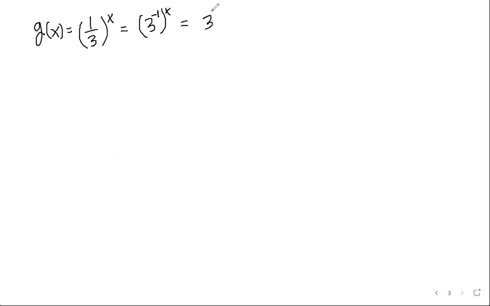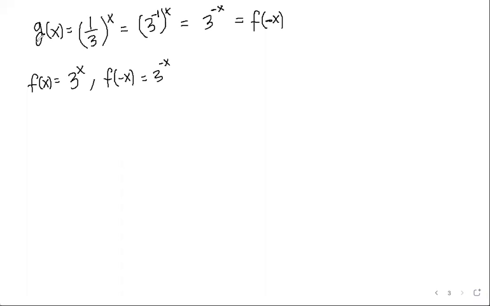Now we multiply the exponents, and it equals 3 to the minus x, and my function f of x is given as 3 to the x. So the relation between g of x and f of x is that this is actually f of minus x. If we plug the minus inside the function f of x, f of minus x gives me 3 to the minus x, and this is equal to the function g of x.